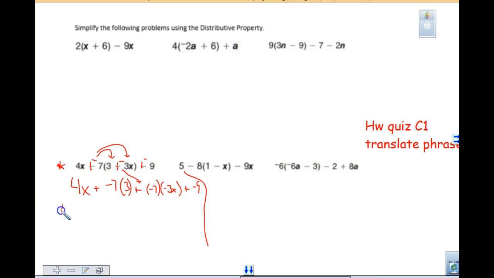Oh, so what does this look like? 4x plus, this is negative 21. You got to simplify it. This is positive 21x. Plus negative 9. And now you're doing like you did in today's homework. 4x plus 21x gives us 25x.